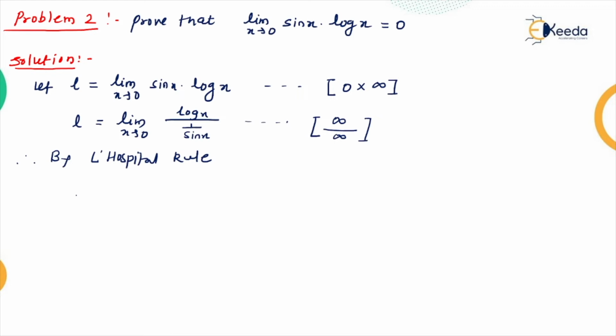So by L'Hospital rule, L is equal to taking the derivative of numerator and denominator, guys. The derivative of log x is 1 upon x, divided by the derivative of 1 upon sin x, that is minus 1 upon sin square x, into the derivative of sin, that is cos x.